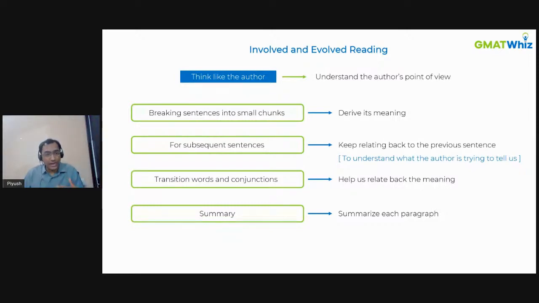Like when you tried to drive the car for the first time, you had to think about the gearbox, the clutch, the accelerator, the side mirrors, the back mirror, the steering, the car in the front, all at the same time. It was a very difficult task initially. It would have taken you some amount of time to get used to it. But now probably you can talk to your friend while driving.